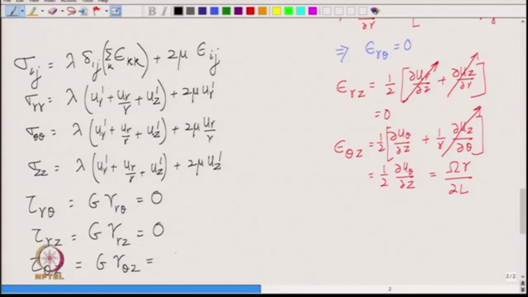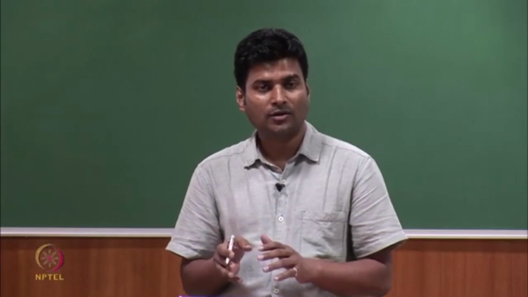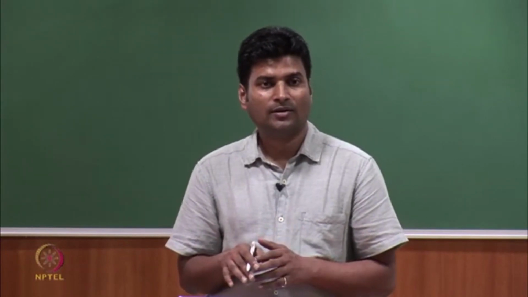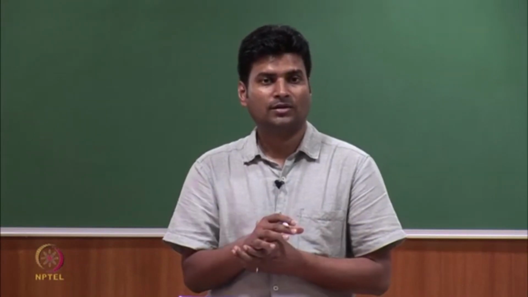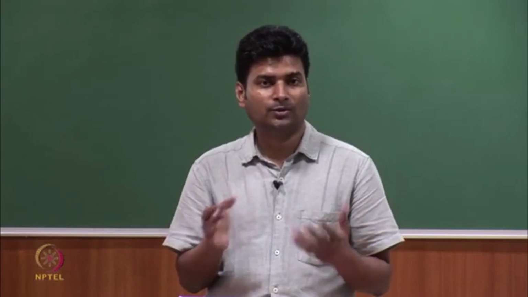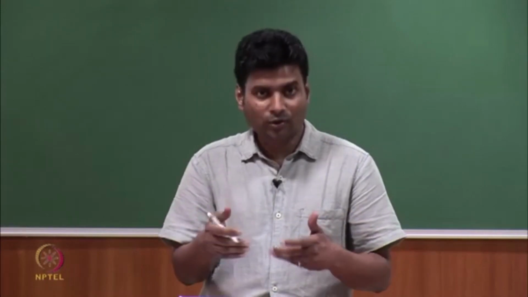It is equal to 2 g into epsilon theta z, which is g into omega r over L. So, we have gotten the stress components in terms of displacement, u r, u z and the omega. We simply have to plug this into the stress equilibrium equation and solve it to get the displacement. So, let us proceed further.